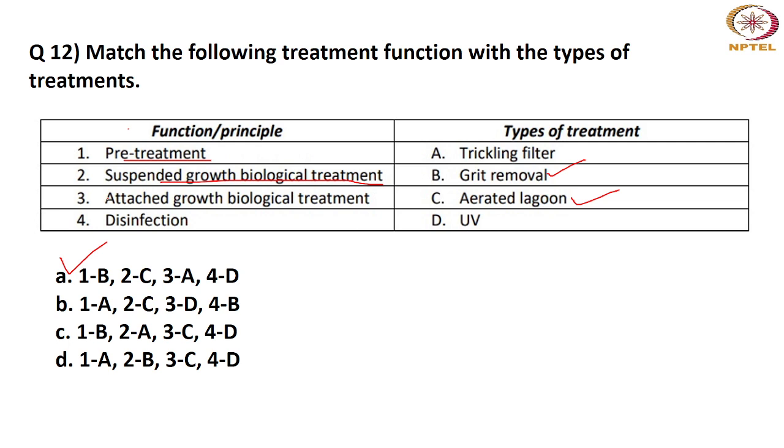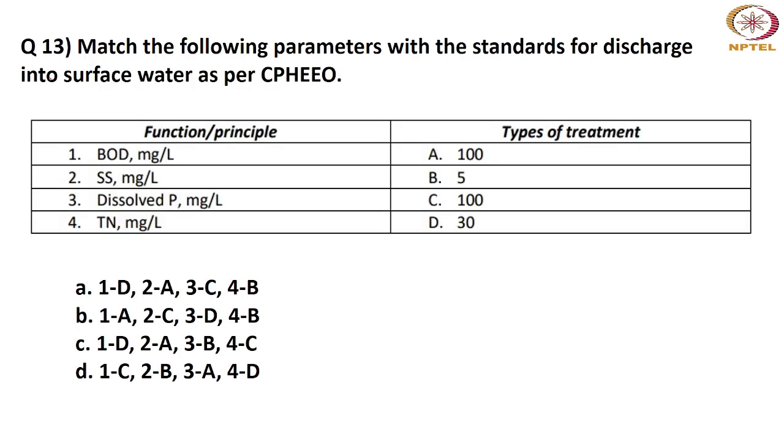Then the attached growth biological treatment, nothing but the trickling filter. The last question or some previous question was related to this. And then disinfection is for the UV. Again, matching according to CPHEEO.